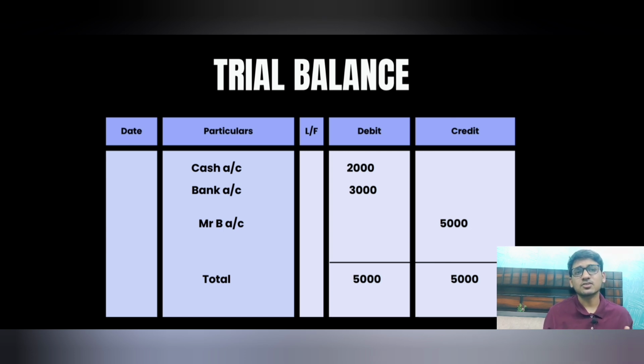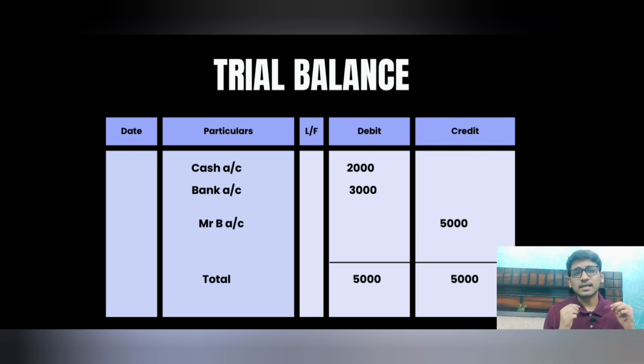We can see that the cash and bank accounts are on the debit side. So how do we know that some accounts will be debited and some credited? Our journal entries were: received cash from Mr. B, which is rupees 5000, and we deposited part of that cash into the bank, which is rupees 3000. As we received 5000 rupees in cash and deposited 3000 of it, we are left with 2000.